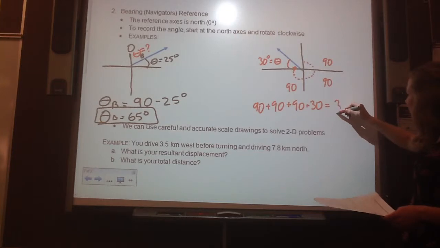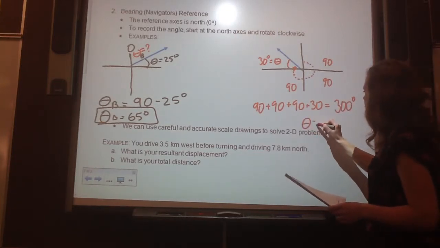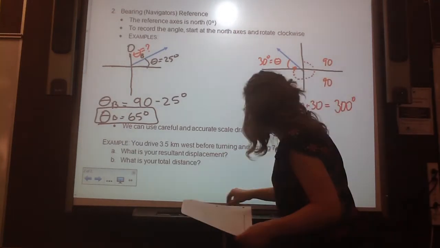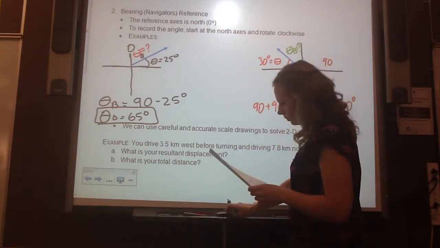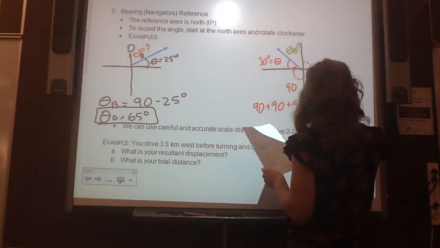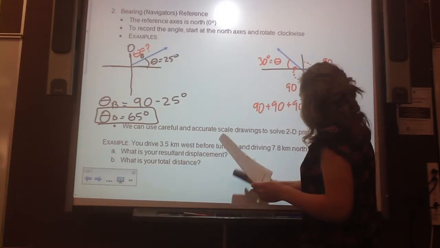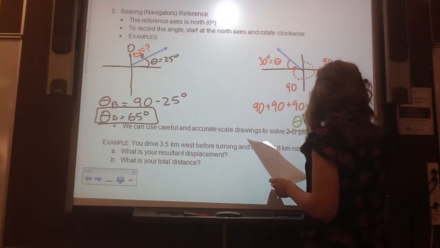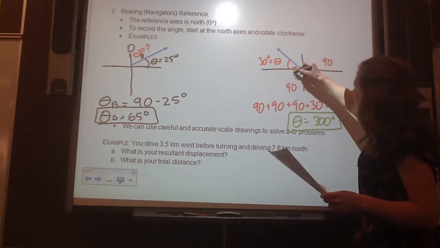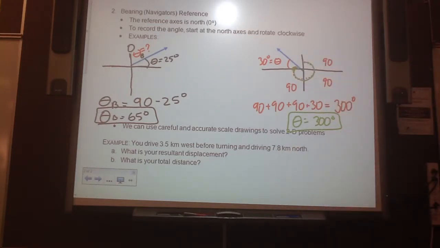So theta B equals question mark. Theta is equal to 300 degrees, because it's gone 300 degrees around. No directions or reference needed.